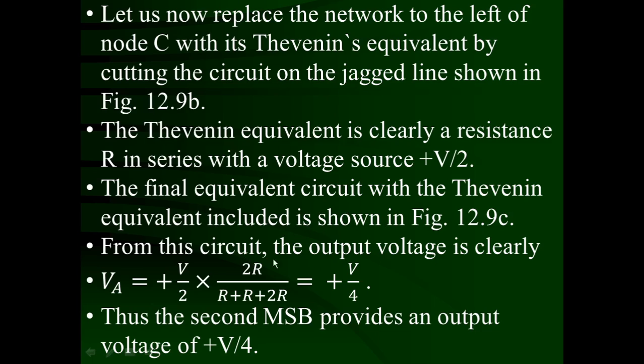From this circuit, the output voltage is clearly VA is equal to plus V by 2 divided by R plus 2R, multiplied by 2R, which comes out to be plus V by 4. Thus, the second MSB provides an output voltage of plus V by 4.